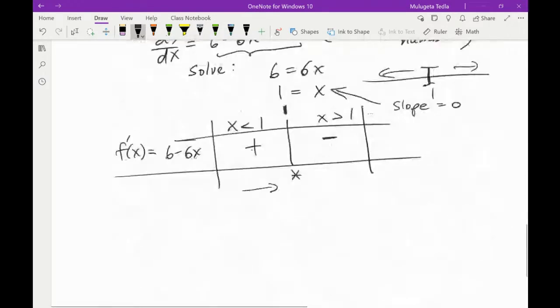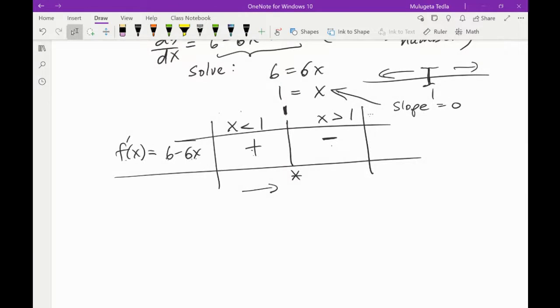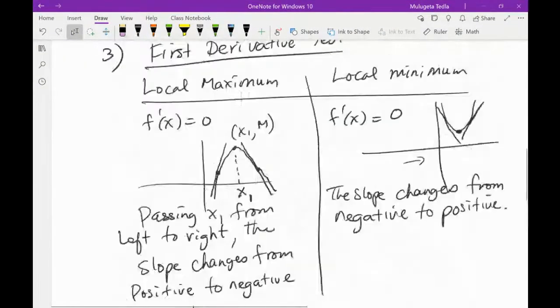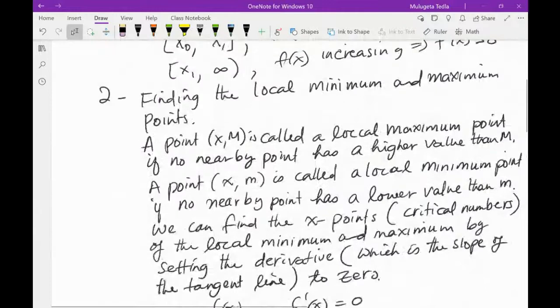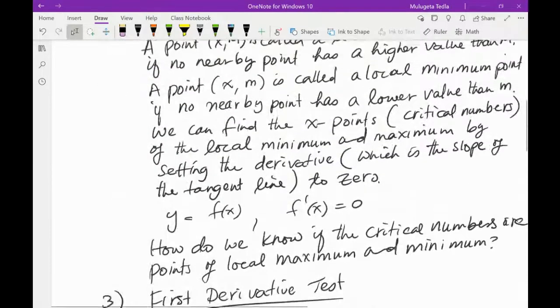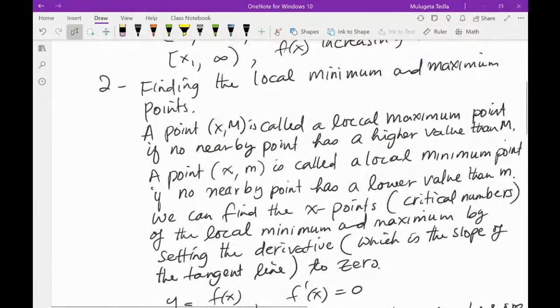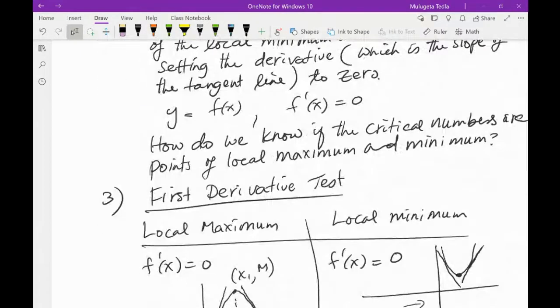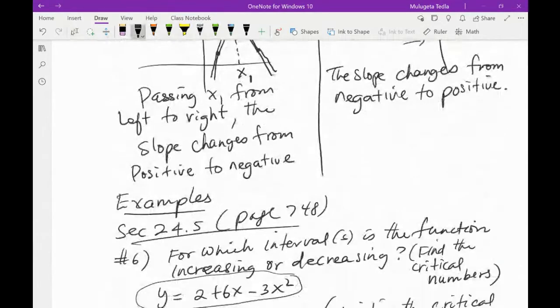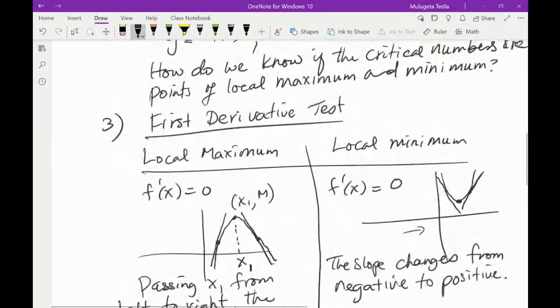What is that then? Is it a maximum point or a minimum point? Maximum, exactly, by our definition. Passing x equal to 1 from left to right, when the slope changes from positive to negative, it is a maximum.